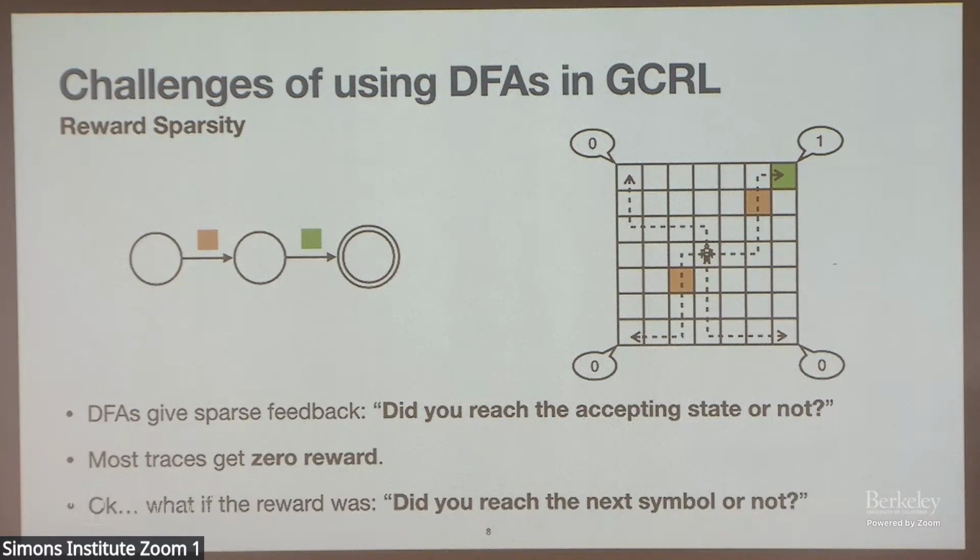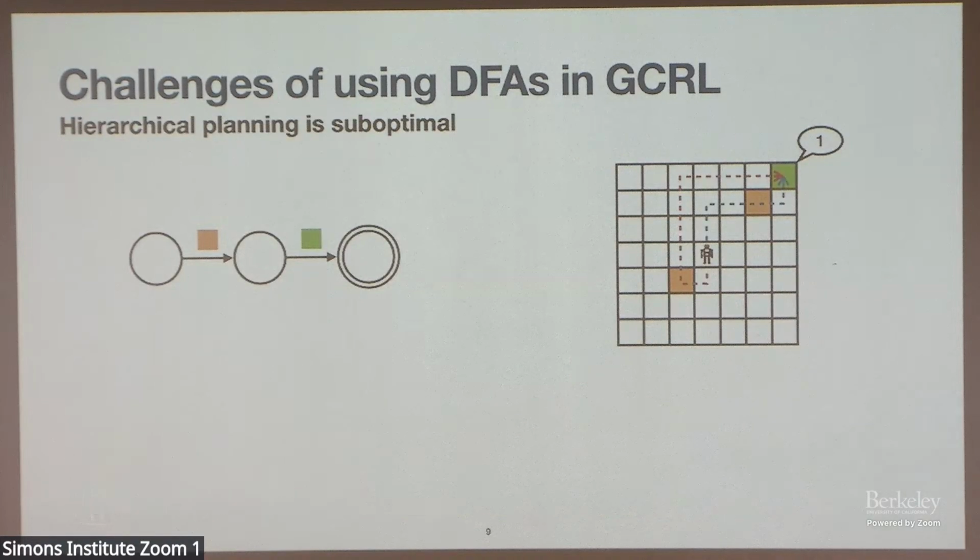And then you can say, okay, what if I did planning myself and then just rewarded based on whether you reached this next symbol or not? Is that enough? Because that's a denser reward signal than the first one. It turns out that it's not enough because hierarchical planning in this domain is suboptimal. If you were to just plan over this DFA and then give the next symbol to the agent, that's not the same thing as giving the entire task.